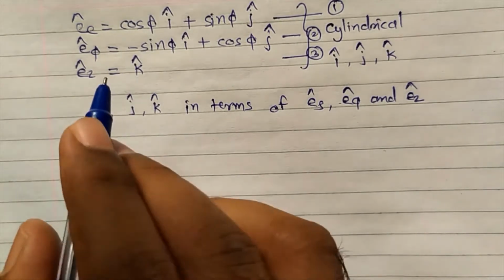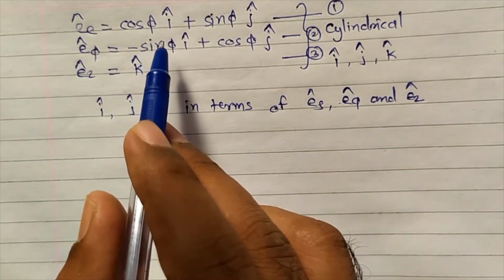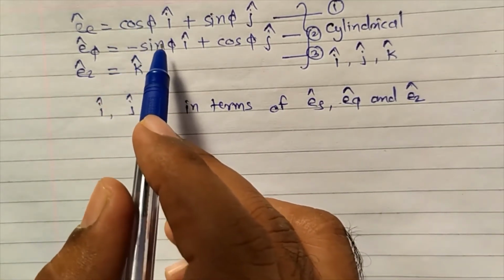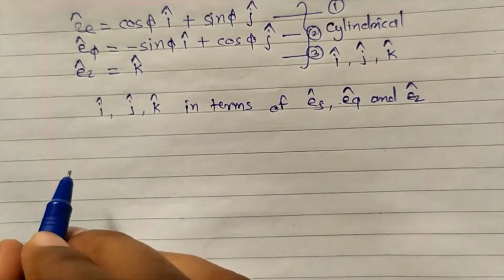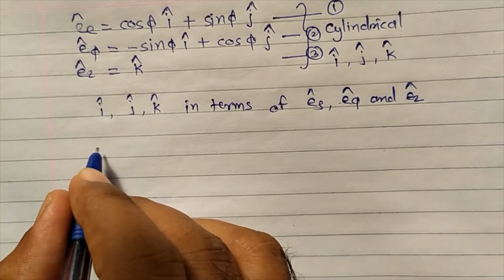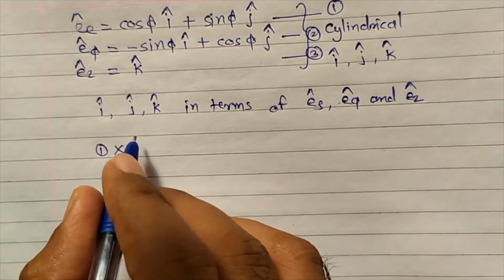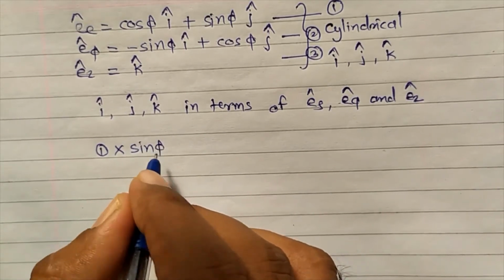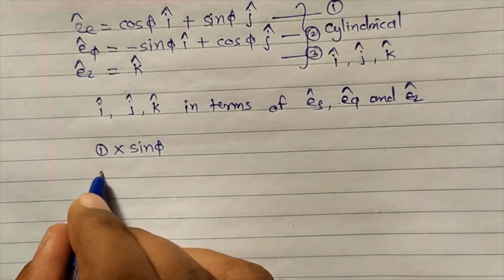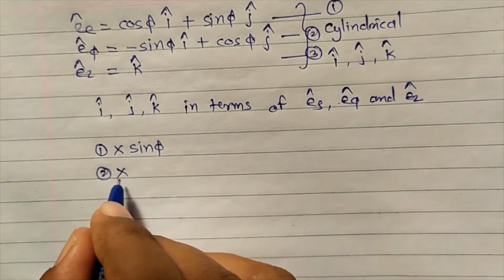I see that equations 1 and 2 contain i, and the factor with i is cos of phi here and sin of phi here. So I will do a simple thing: I will multiply equation 1 by sin of phi, and I will multiply equation 2 by cos of phi.